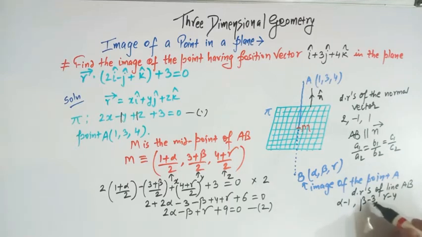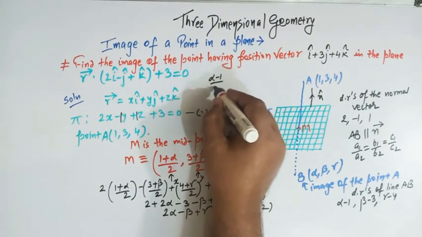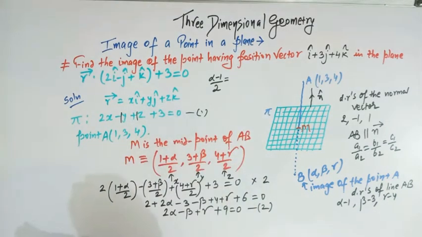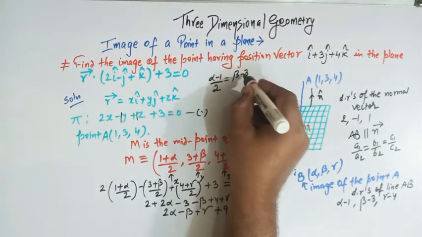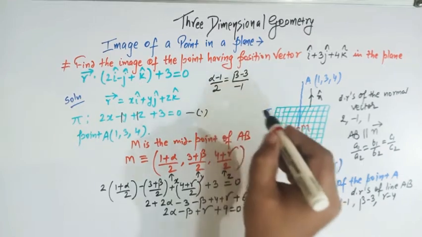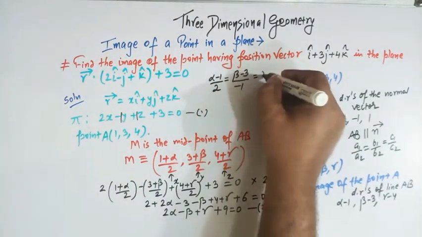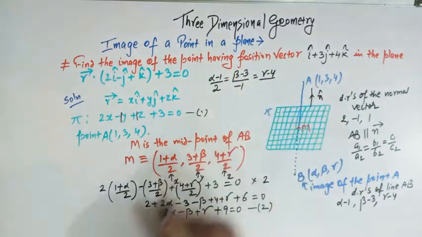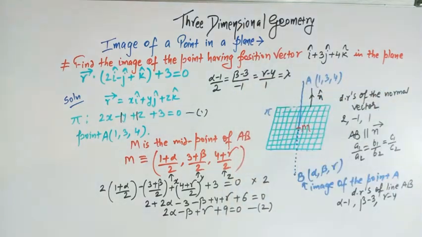Now these two sets of DRs must be proportional, right? So we can have (alpha minus 1)/2 = (beta minus 3)/(minus 1) = (gamma minus 4)/1, and let us take it as lambda.